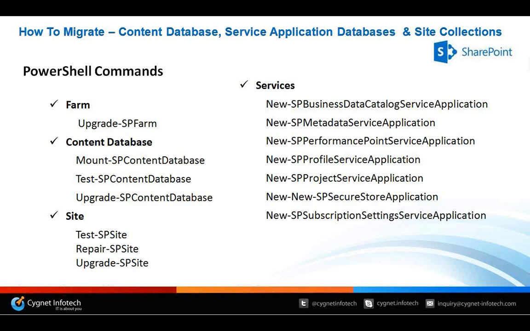In terms of farm, the cmdlet would be Upgrade-SPFarm. For the migration of content database, there are three commands, which you may know from the migration from MOSS 2007 to SharePoint 2010: Mount-SPContentDatabase, Test-SPContentDatabase, and Upgrade-SPContentDatabase.